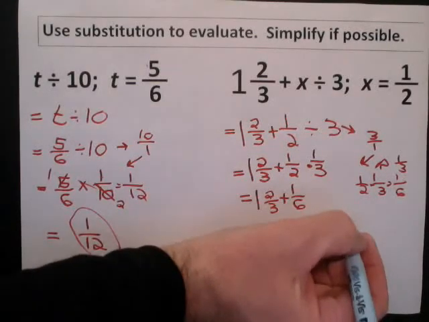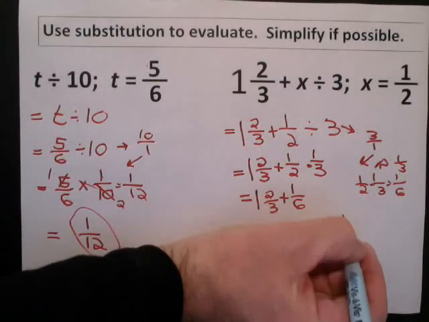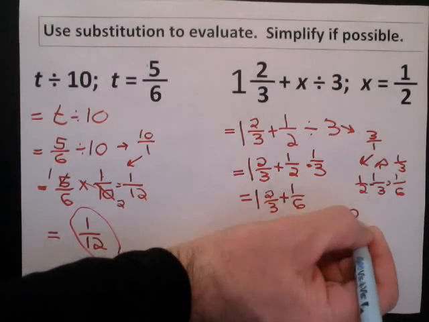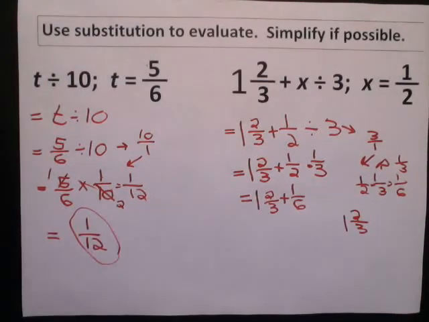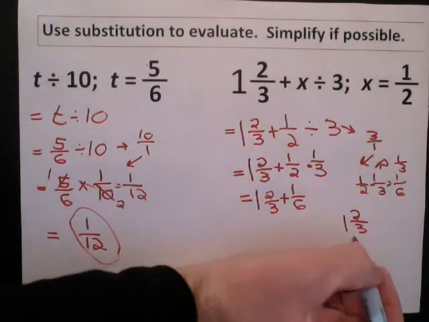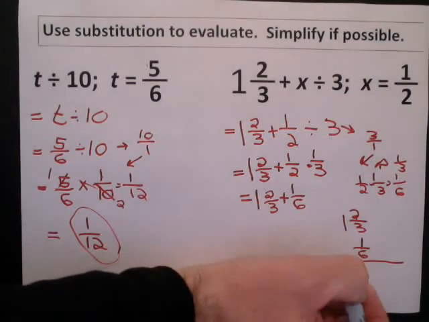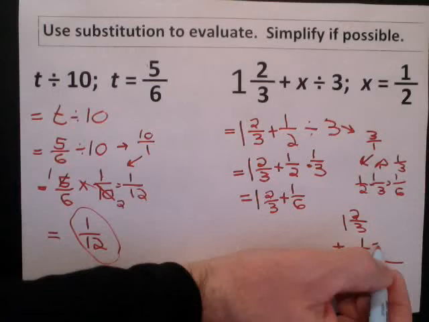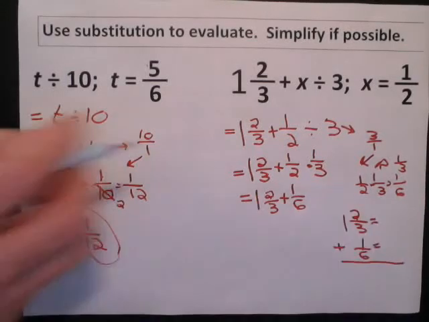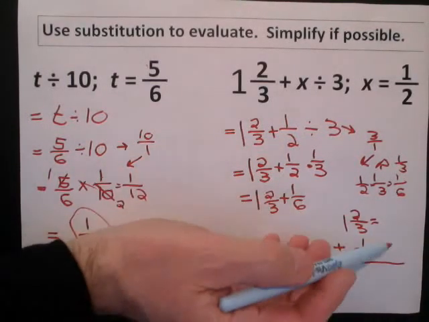So I always tell kids to rewrite it on scratch paper as 1 2/3 plus 1/6 underneath, and then you can rewrite your fractions with a common denominator off to the side.